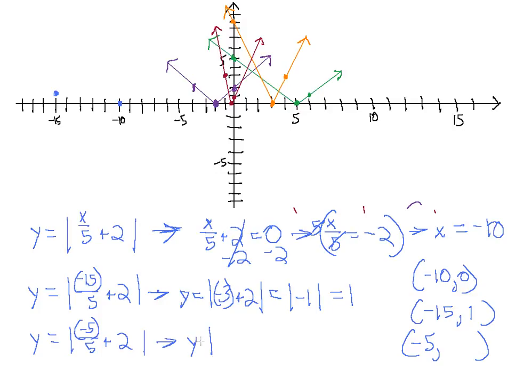That'll just simply give us the absolute value of minus 1 plus 2, which is the absolute value of 1, and that's just 1. So we have minus 5 and 1 for this point. And let's go ahead and connect the dots. Those lines converge at the vertex. And not a whole lot to these.